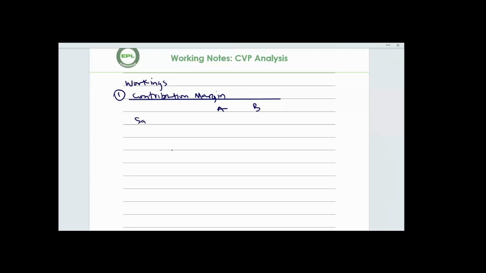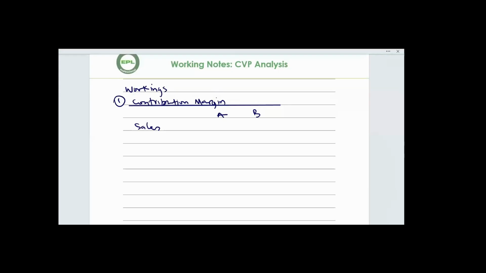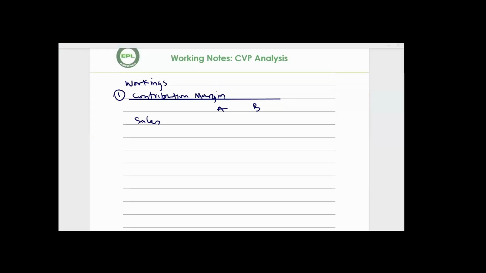So sales, what's the sales of product A? From the table given to us, sales of A is 8.4 million. Sales of B is 25,200. 8,425,200.